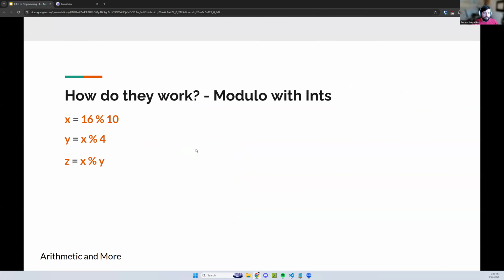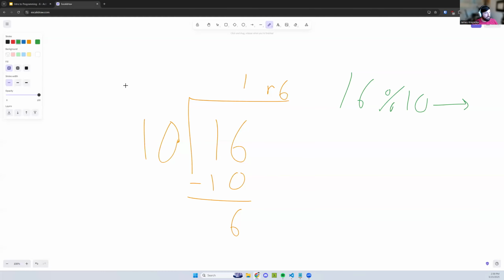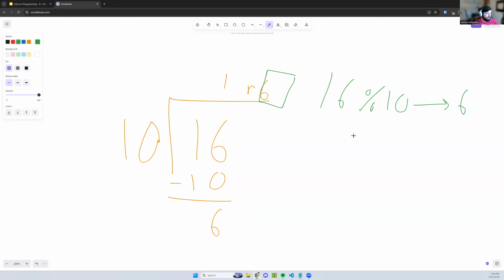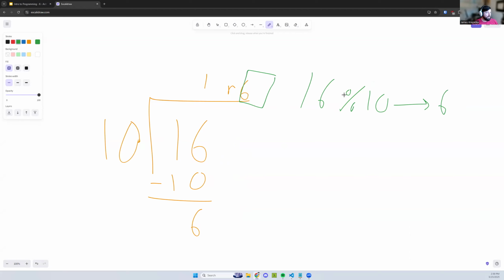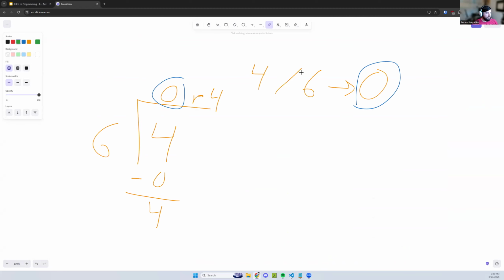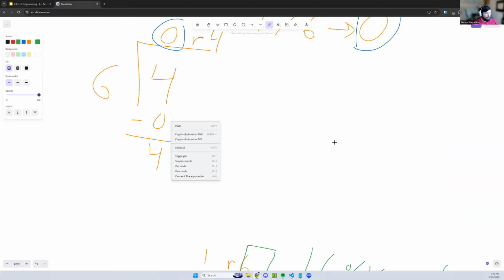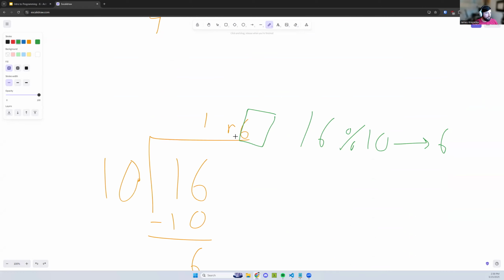And if I actually run this in code, what it gives me is 6. It gives me 6 because it cares about the remainder, right? When you're doing this percent sign, this mod, different than this divide. When you're doing a divide, you want the main number. But when you do the mod, you're asking for, give me the remainder when you're done. Do the whole thing, whatever. I don't care how many is on the left side. Just give me what remains. What's left over? I want the leftovers.